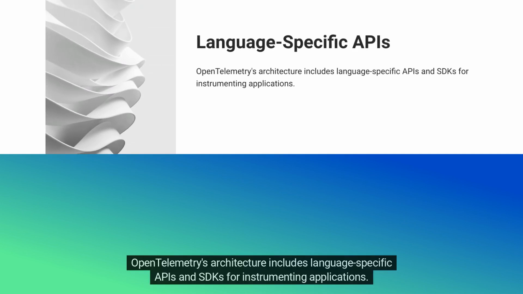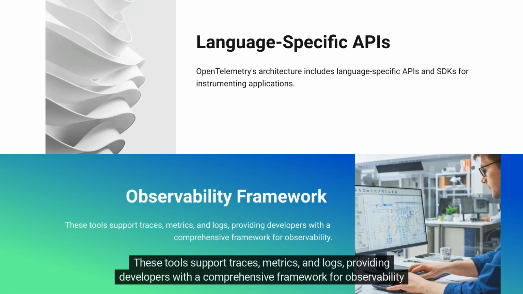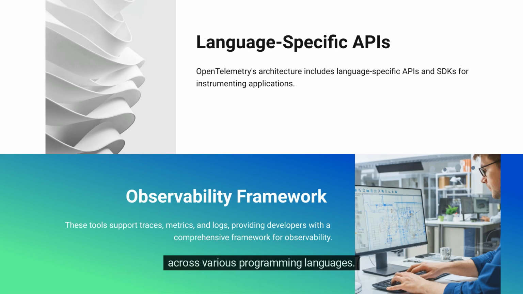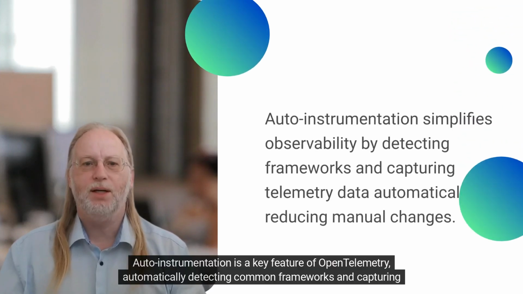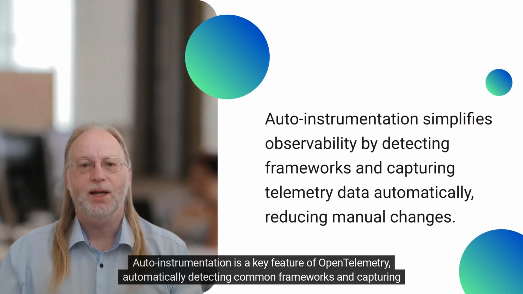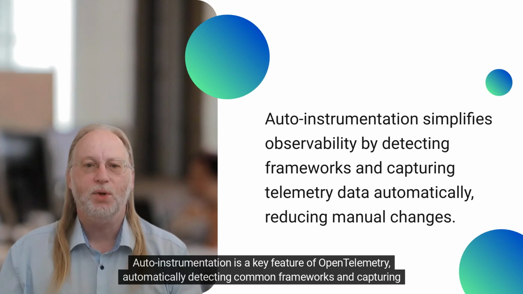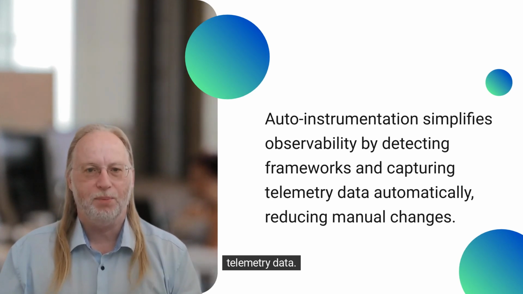OpenTelemetry's architecture includes language-specific API and SDK for instrumenting applications. These tools support traces, metrics, and logs, providing developers with a comprehensive framework for observability across various programming languages. Auto-instrumentation is a key feature of OpenTelemetry, automatically detecting common frameworks and capturing telemetry data.